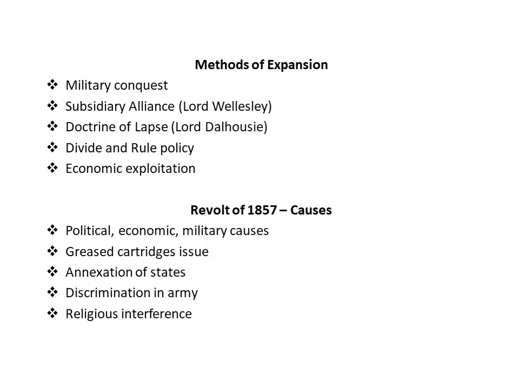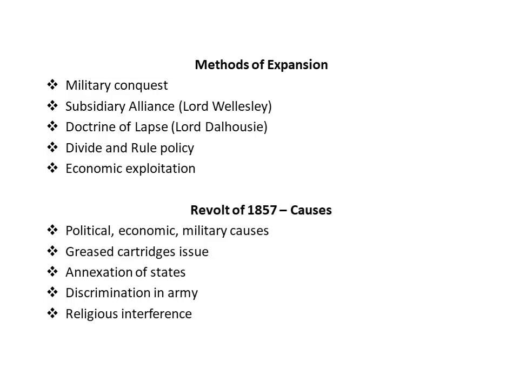They also followed a divide and rule policy and economically exploited India by controlling land, trade, and industries. All these policies created dissatisfaction among Indians, which finally led to a major revolt in 1857.